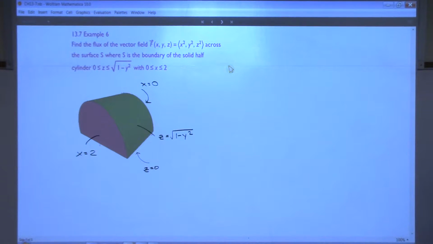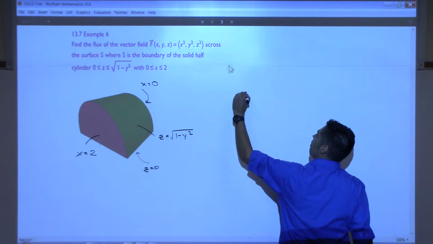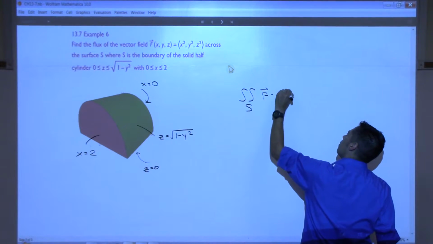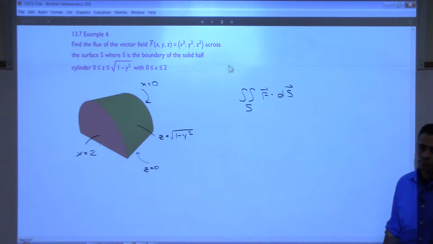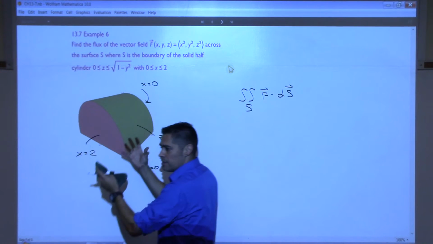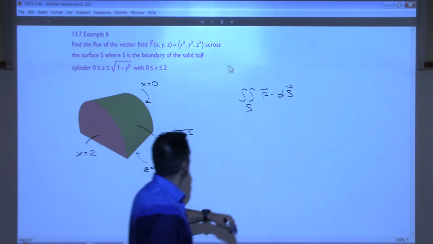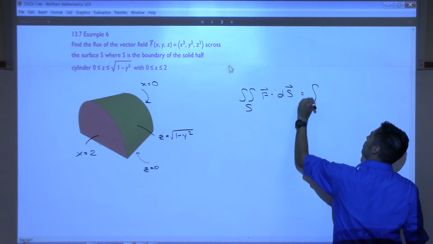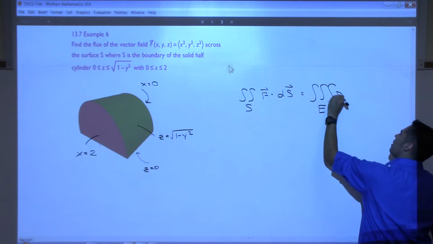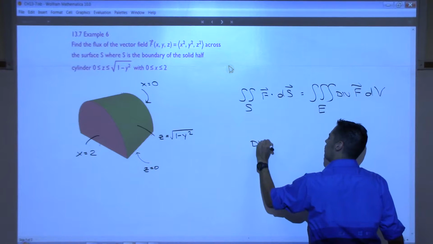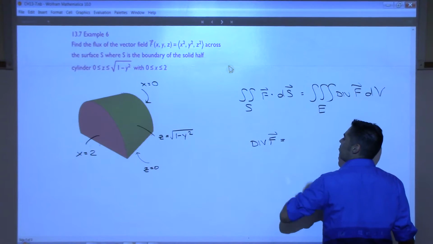All right, so I'm trying to find the flux. I want to know this, right? So am I allowed to use the divergence theorem? Yes, because this surface S is all of those surfaces together and closes a solid, right? And so I'm going to need to compute the div. So let me get the div. This is going to be equal to the triple integral over E of the div of f dv, but the div of f, not as clean as the other ones we've had, right?